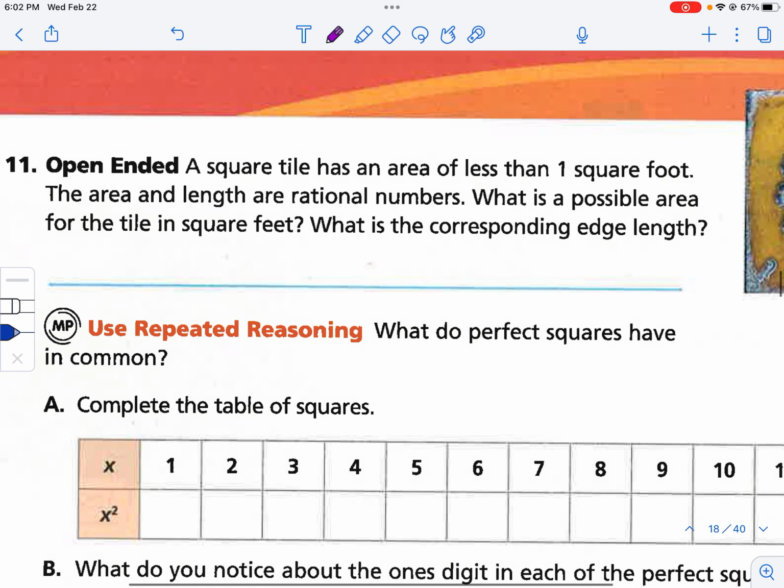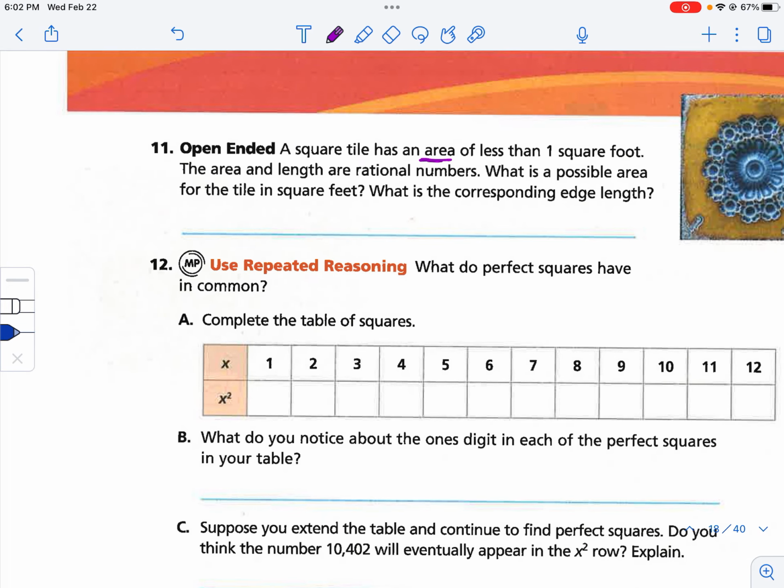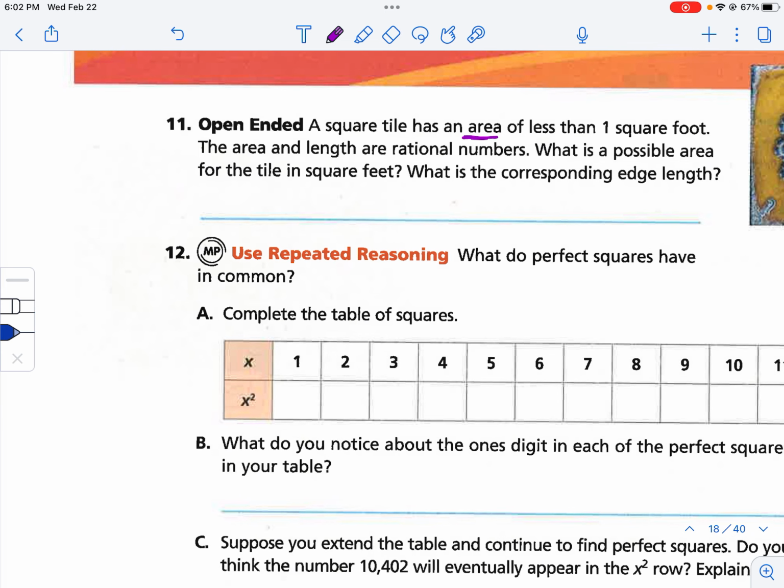A square tile has the area of less than 1 square foot. The area and length are rational numbers. What is the possible area of the tile of the square feet? Okay.